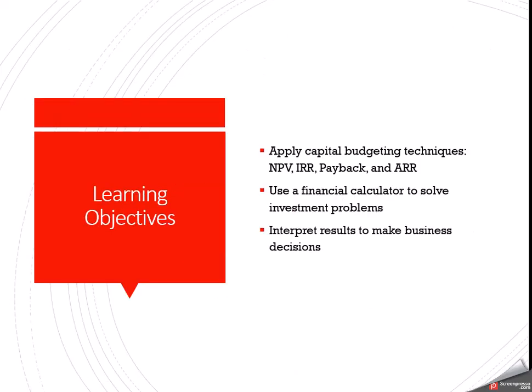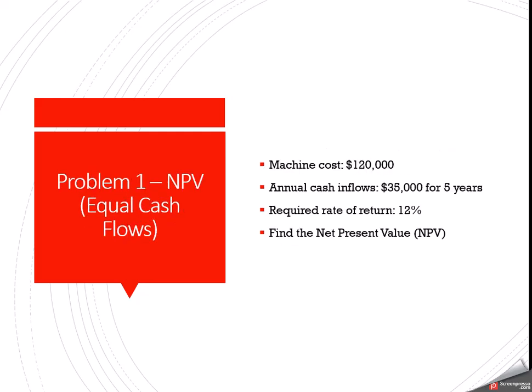So really, when we do capital budgeting, we're using our net present value, our internal rate of return, our accounting rate of return, or our payback period. So the financial calculator can do the net present value and the internal rate of return very easily, and again, not using the large formulas.